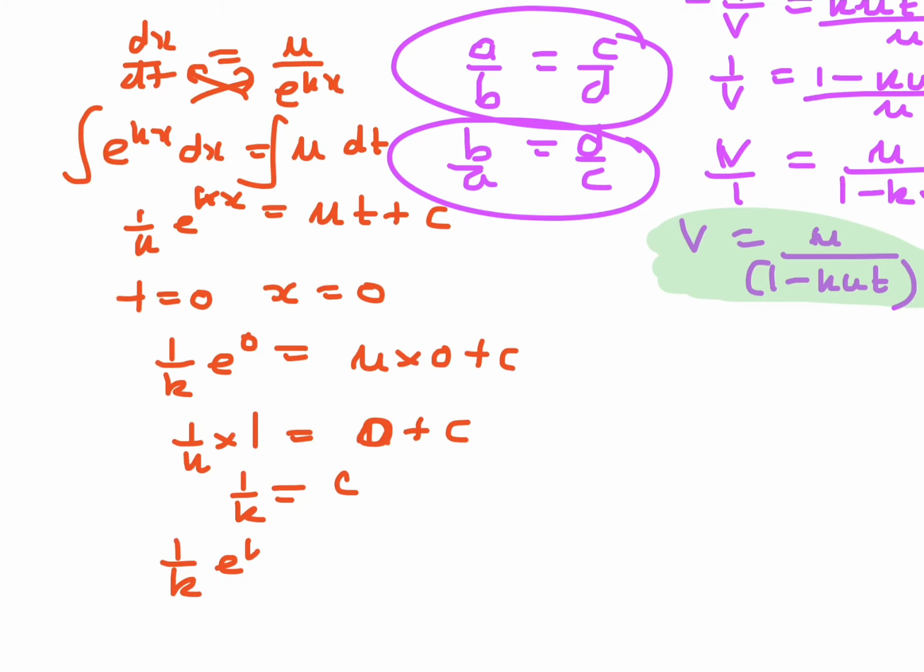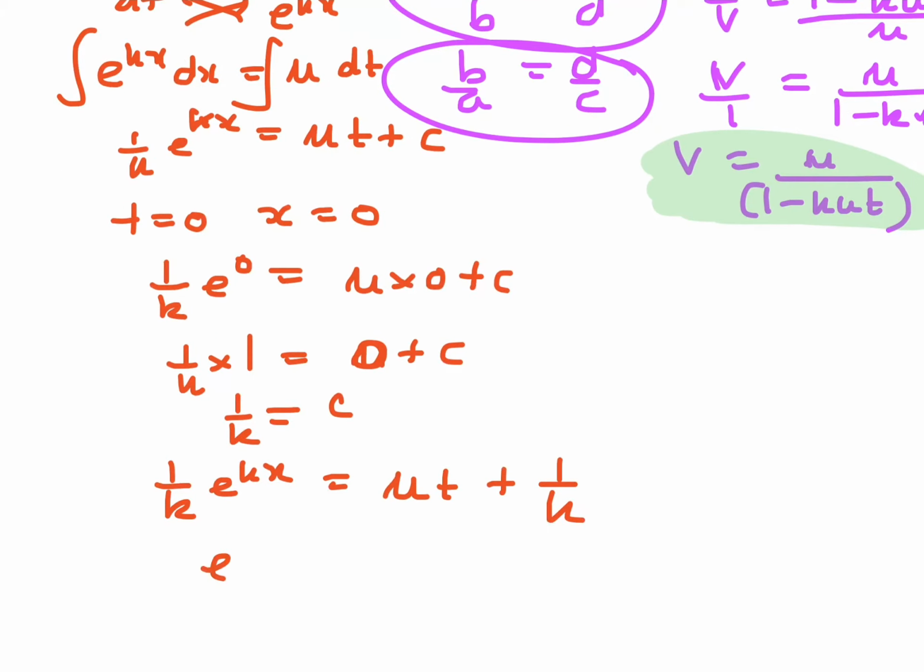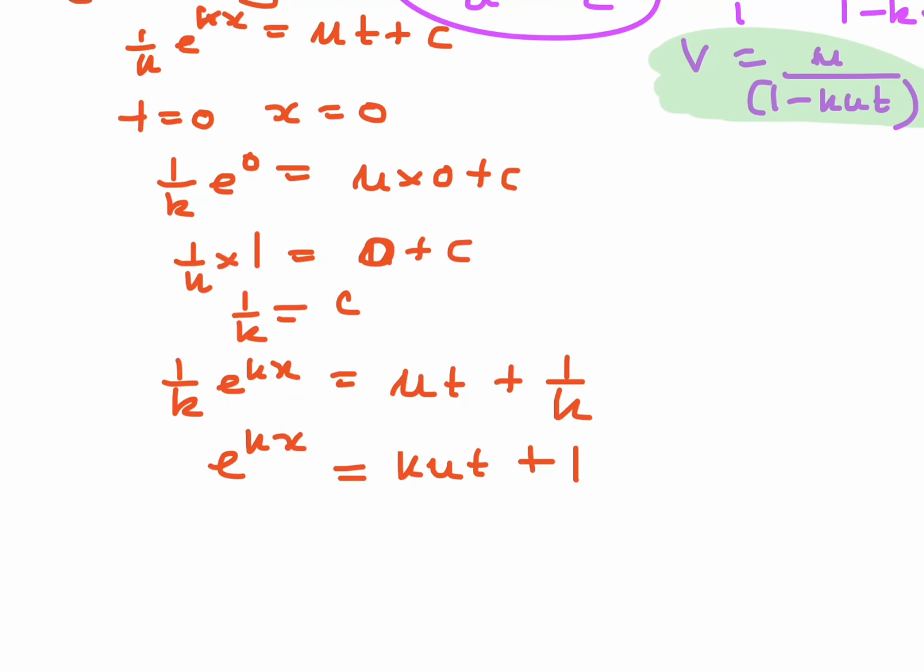1 on k e to the kx equals mu t plus c. And c we found was, what did I find for c? We found c was 1 on k. Okay, so if I multiply everything by k, I get e to the kx equals k mu t plus 1.